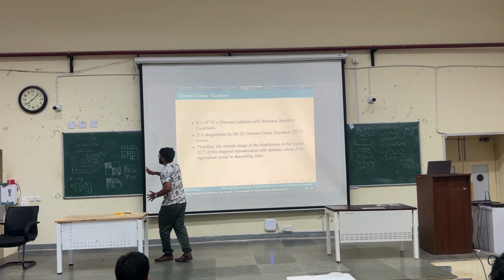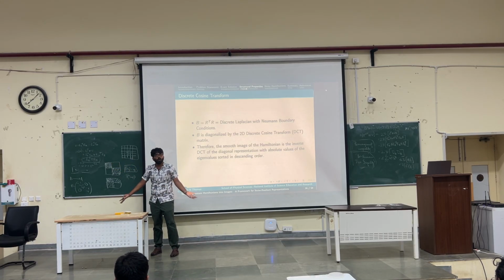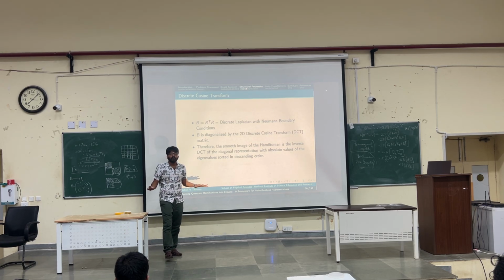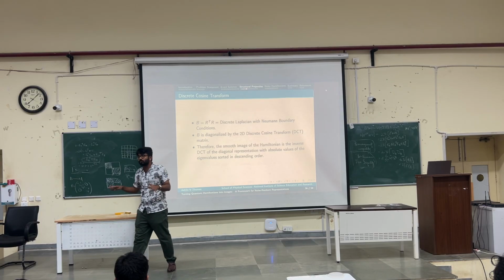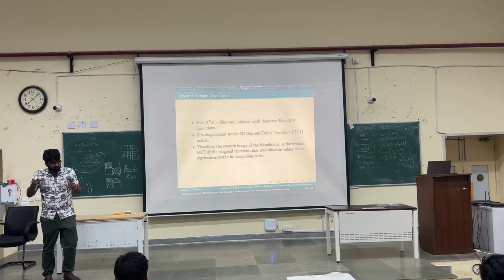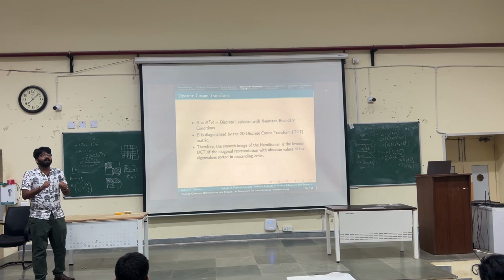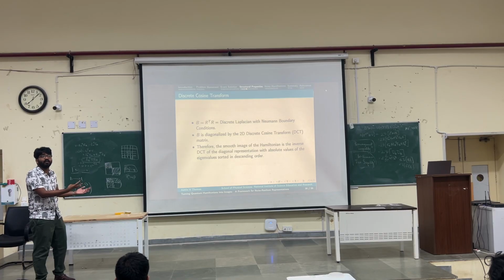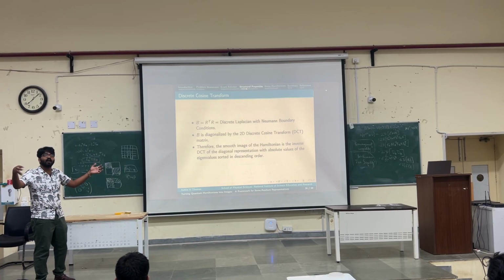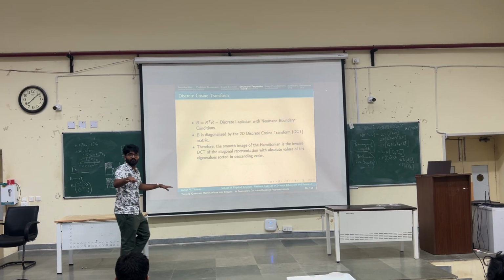Here, whatever the math gave us, it is dominant in the top left corner only, because we are ordering it in the decreasing order of absolute value. So it is a very nice way in which the image of the Hamiltonian that we get out of this formalism agrees beautifully with the definition of natural image in image processing. So one can call this image of the Hamiltonian indeed a natural image according to the definitions of image processing.